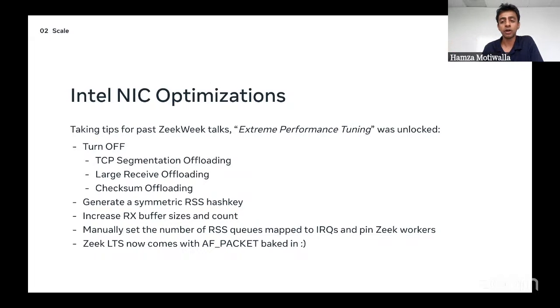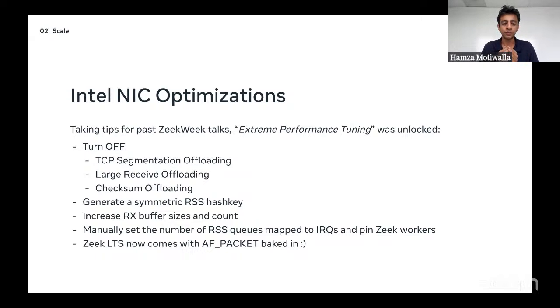We need to turn off a lot of NIC optimizations, such as checksum offloading, TCP segmentation offloading, those kinds of things. We need to generate a symmetric hash key so that the NIC as well as the kernel is able to load balance the captured packets almost equally across 18 receive queues, which are mapped to Zeek workers.